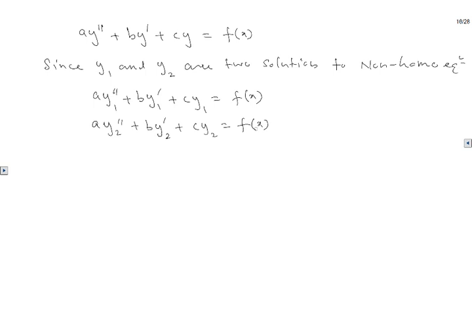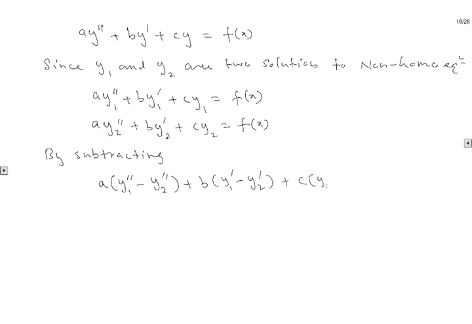If you subtract them, it's going to be a times y1 double prime minus y2 double prime, plus b times y1 prime minus y2 prime, plus c times y1 minus y2, equals f of x minus f of x, which is 0.